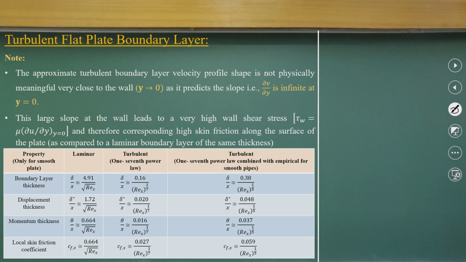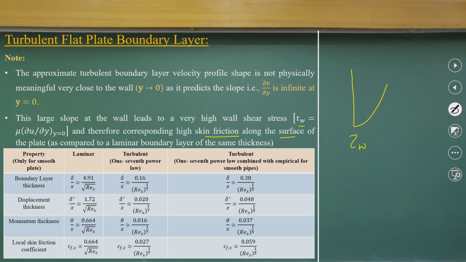When you estimate the wall shear stress, it corresponds to the high skin friction along the surface compared to the laminar boundary layer, because if you draw the velocity distributions, you will have the high wall stress in the turbulent zone as compared to the laminar flow. So, high shear stress development will happen.